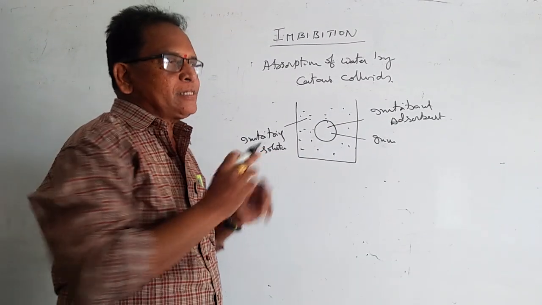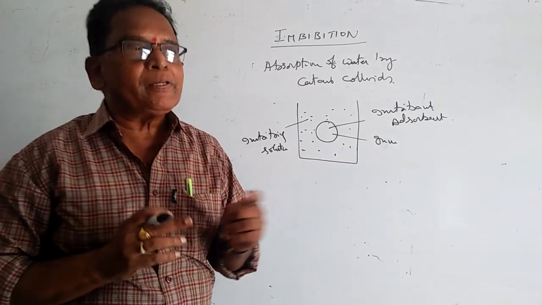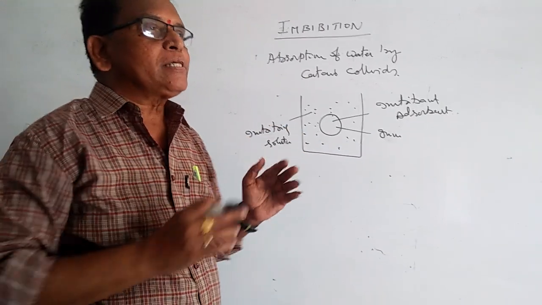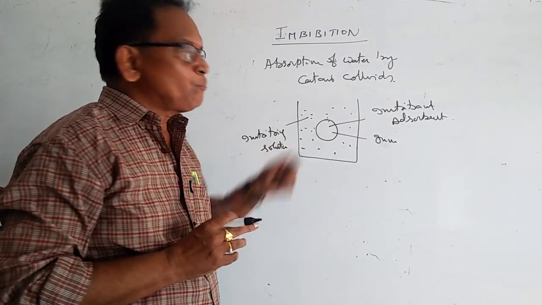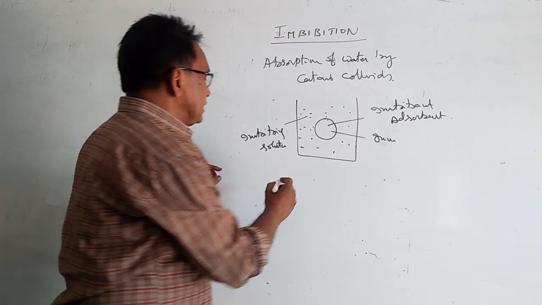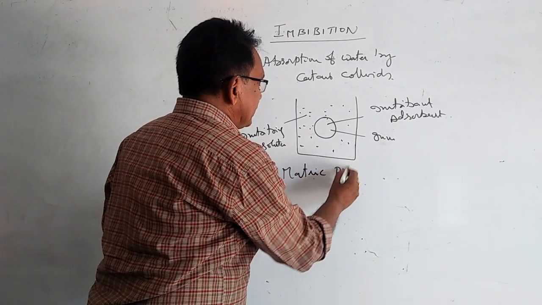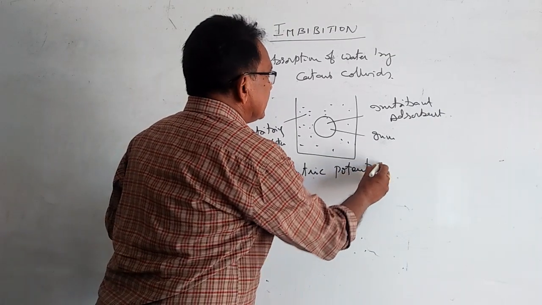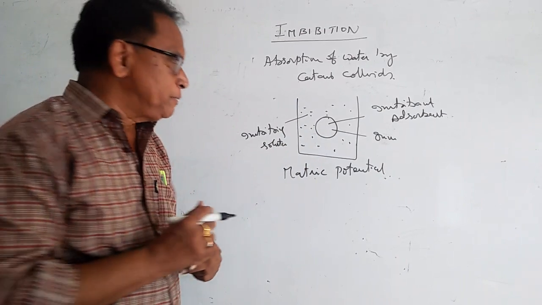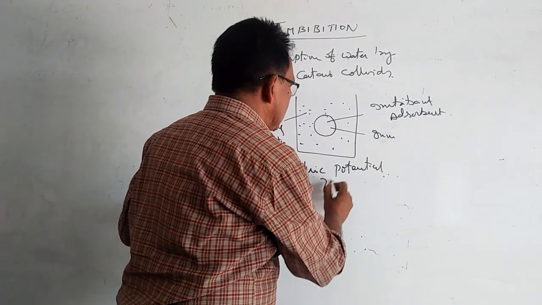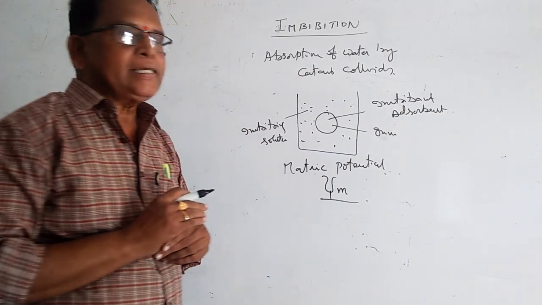That is called imbibition. And this imbibition is a very important phenomenon. During this imbibition, a type of pressure is created by the imbibent, and that pressure is known as matrix potential. Matrix potential is the energy that is released during the process of imbibition, and it is represented by the symbol psi m.